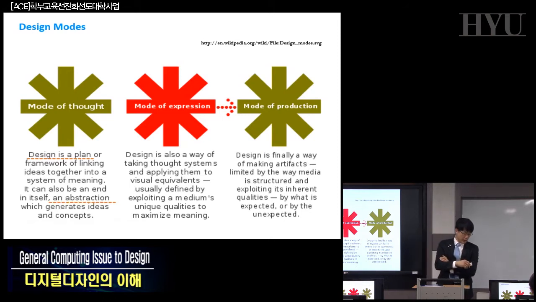So design is a plan on abstraction which generates ideas and concepts. So the major keywords are here: abstraction, idea, and concept. So-called design concept is still in your head. How to describe it? How to explain what it is?